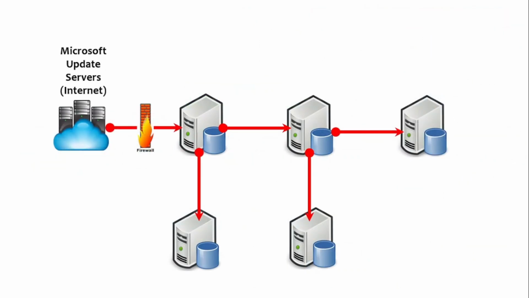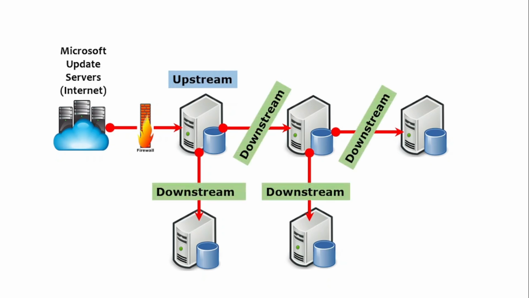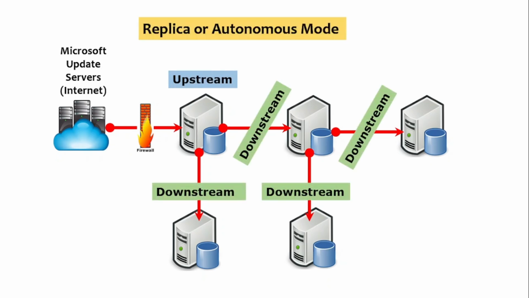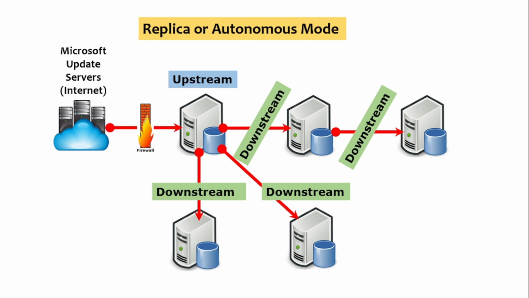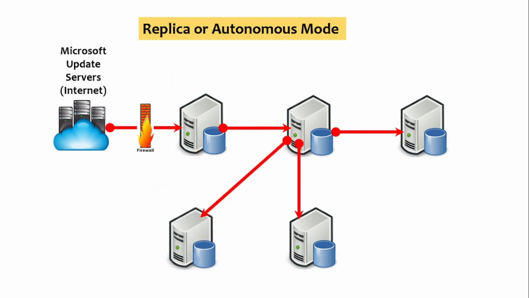So it can be somewhat like this. This will be your upstream server, so you can configure replica mode or autonomous mode as per your infrastructure and as per the physical location of your sites or your offices. Or it can be somewhat like this as well, or somewhat like this.